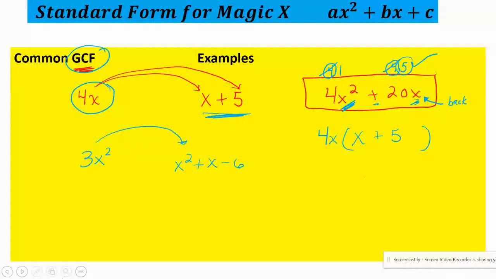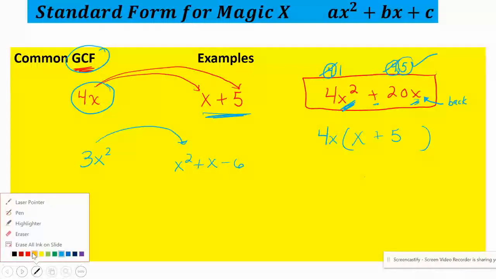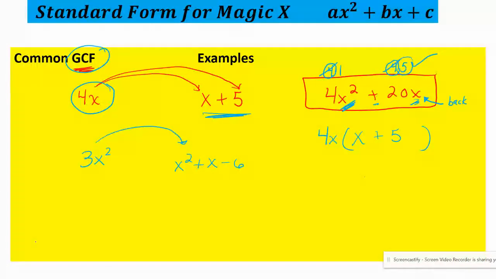Let me just change colors. There we go. So 3x squared times the x squared would be 3x to the 4th. 3x squared times the middle x would be 3x to the 3rd. 3x squared times the back -6 would be -18x squared.